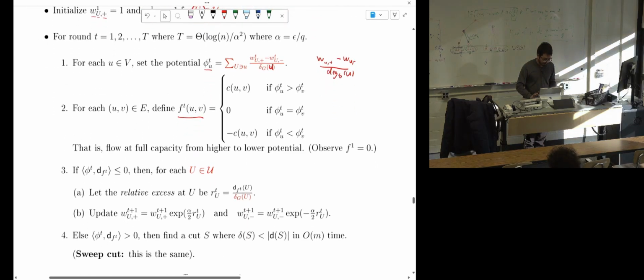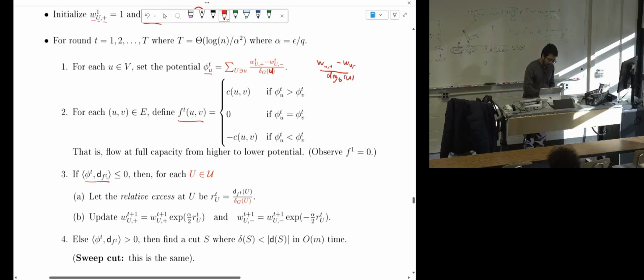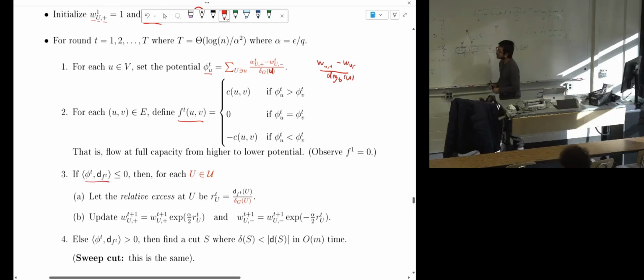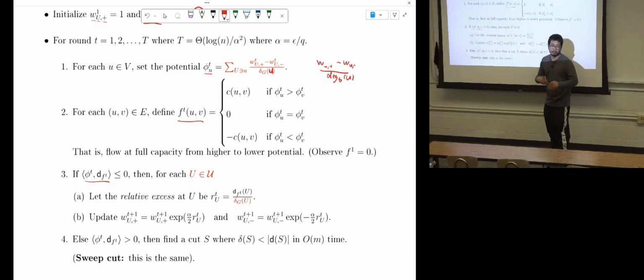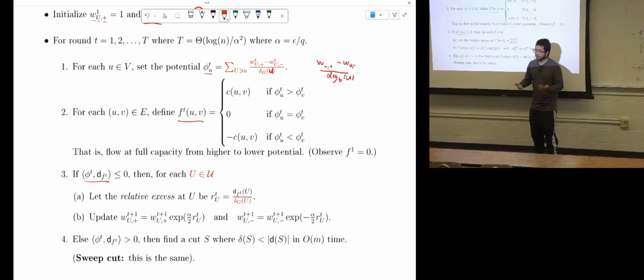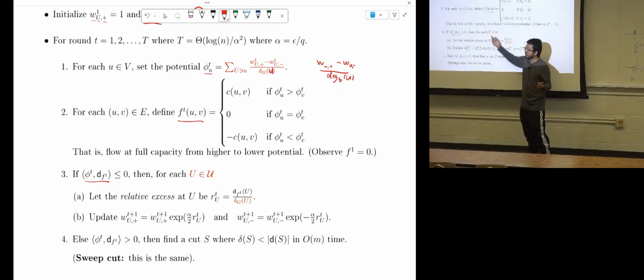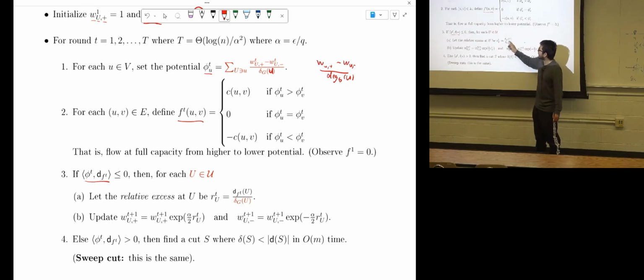And now, if this is small, then what we do is update the weights. Now there are weights for every set U. So we compute the relative excess at U. It should be the total excess at U over the cut size of U. Not the degree, but the cut size.